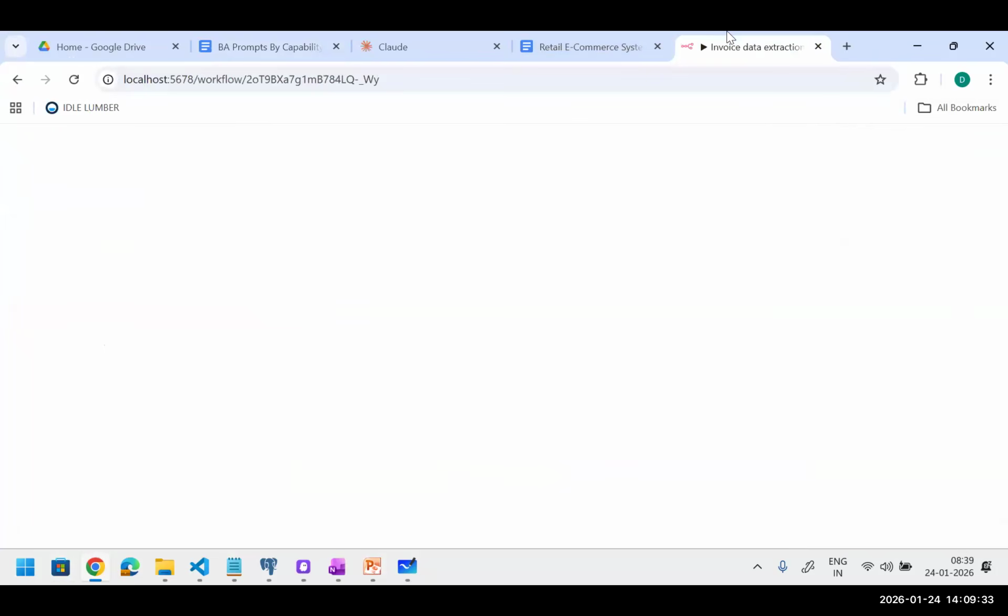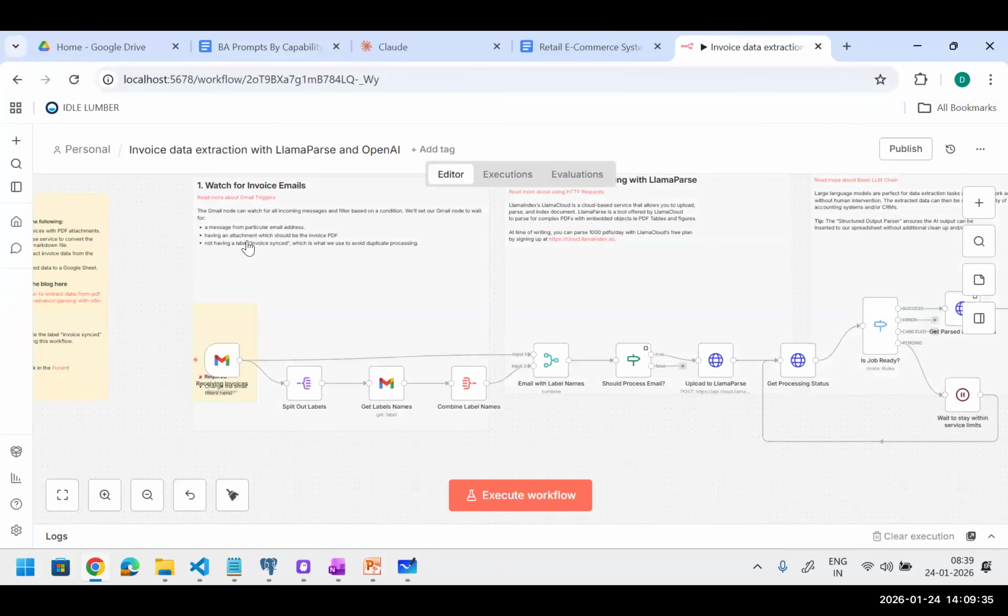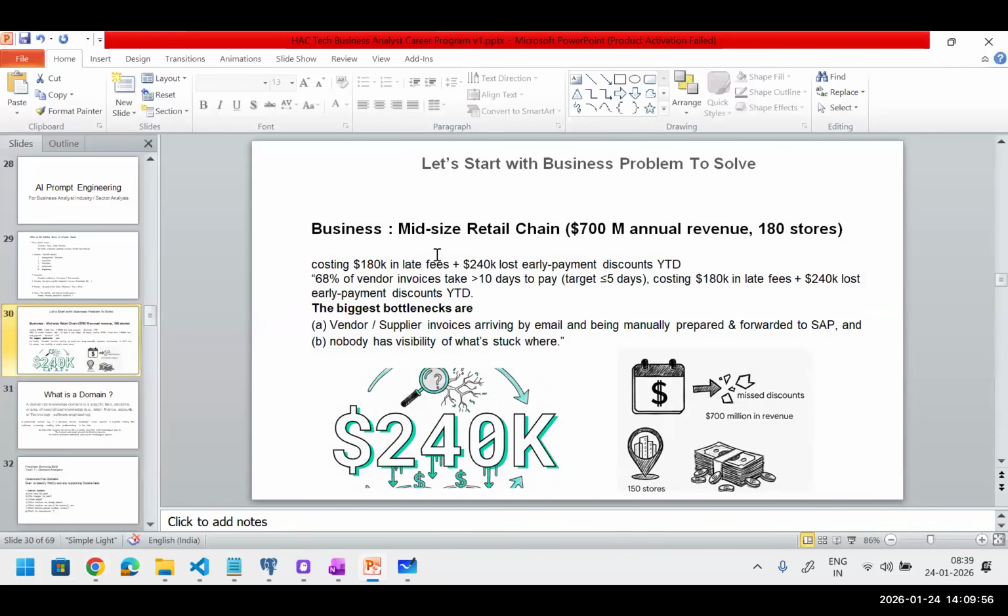This is what was implemented with automation, no code, low code. You can even do it in the end. Last batch we covered it partially, but this time we have implemented it completely. Whatever invoices come in, there is a gap in why they are losing 240K: because of the manual processes.